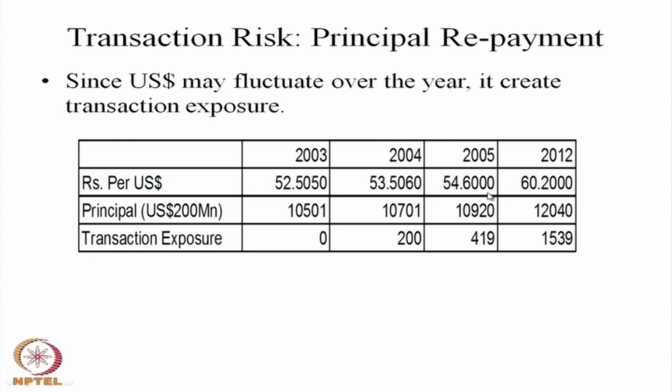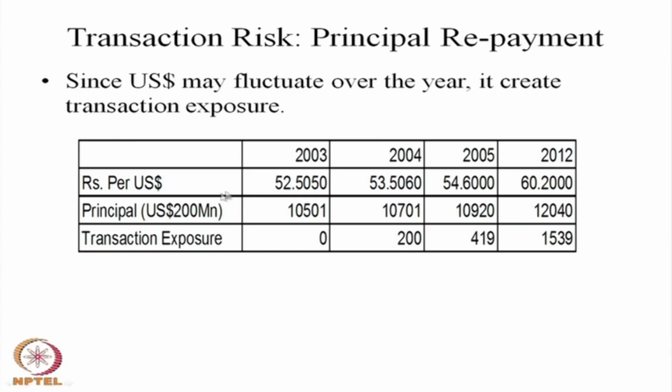So the dollar is changing, and the amount of principal payment also fluctuates. In 2012, when the actual repayment took place, the dollar was 60.2000. So the Indian company has to repay 12040 as the principal amount.